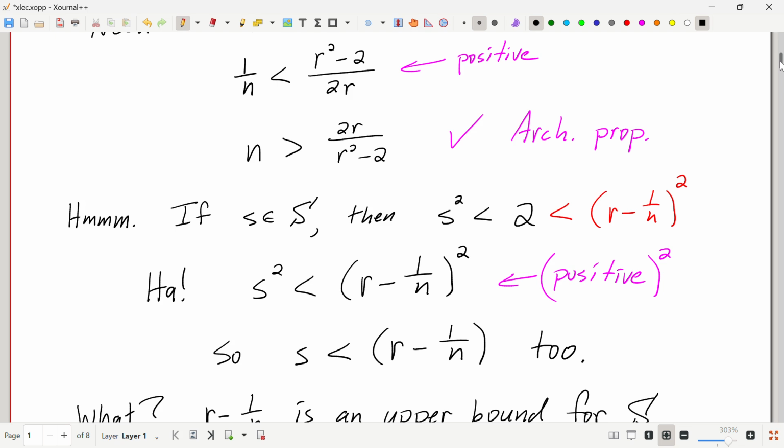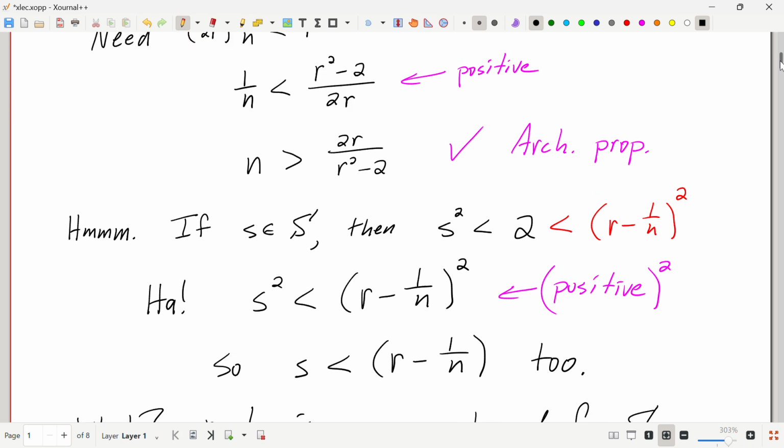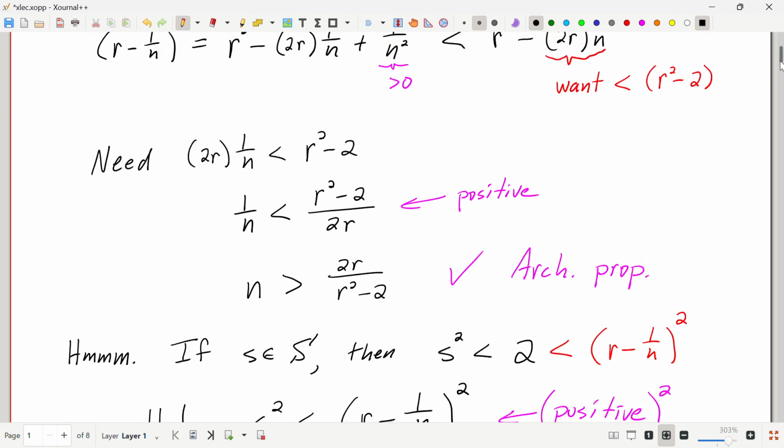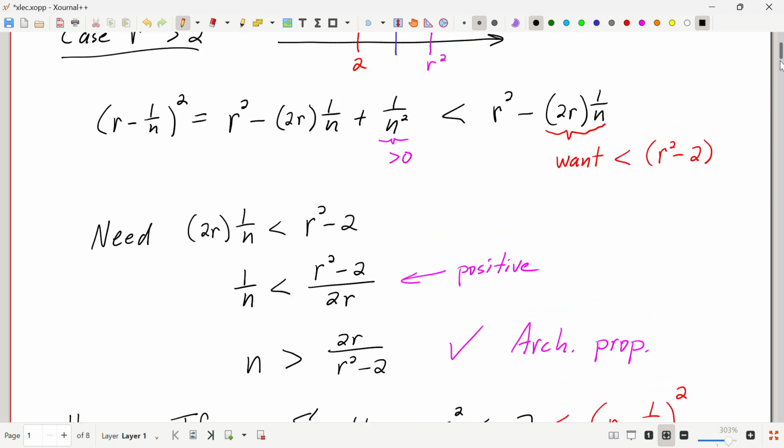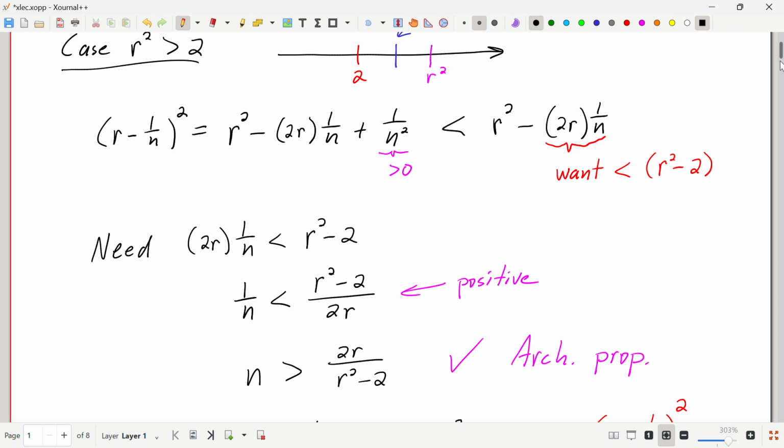Other question back there? Can you scroll a little bit more? Maybe put the sign on equality. So r squared minus 2r times 1 over n plus 1 over n squared. Wouldn't that be greater than r squared minus 2r times 1 over n? Oh, that's what I want, isn't it? And then you want to be under r squared, right? Oh, it's greater than. Am I messing this up? Right.